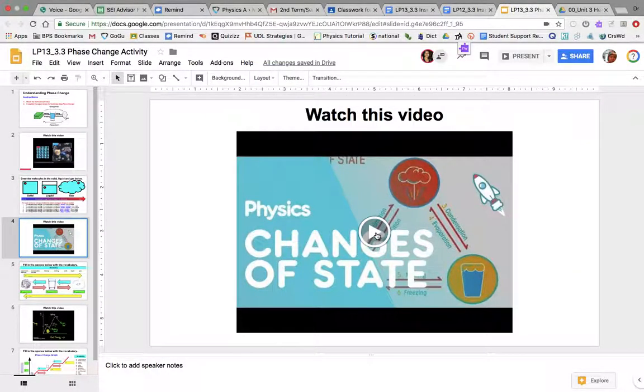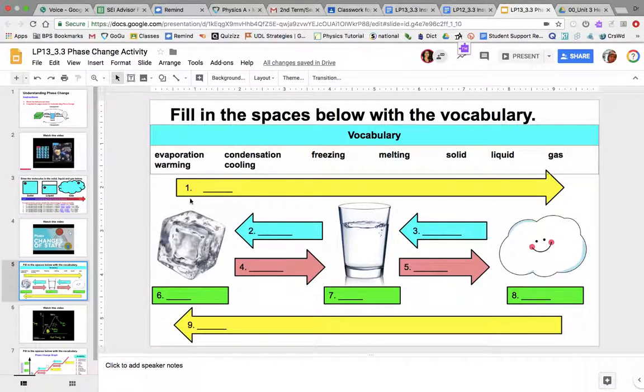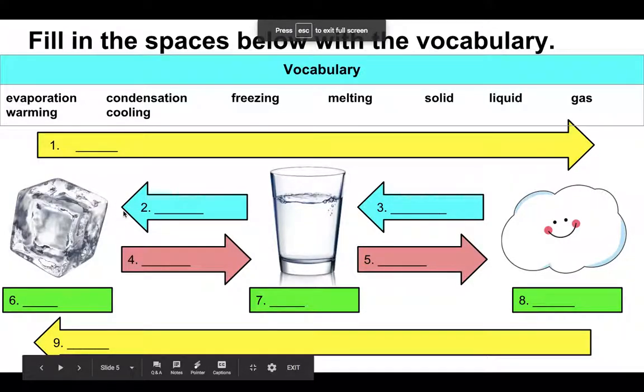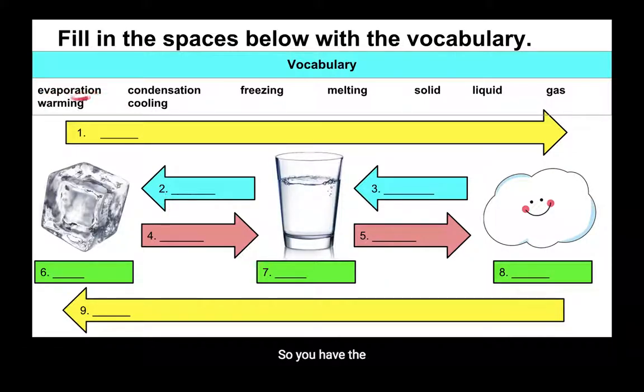This video explains the changes of state or changes of phases for solids, liquids, and gases. And then I want you to go here and you're going to fill in the blank with these vocabulary words up here. So you have the vocabulary words, and then you're going to fill in the blank.